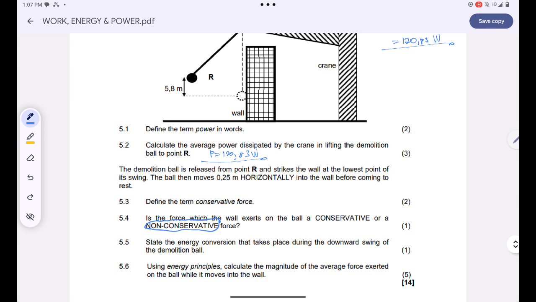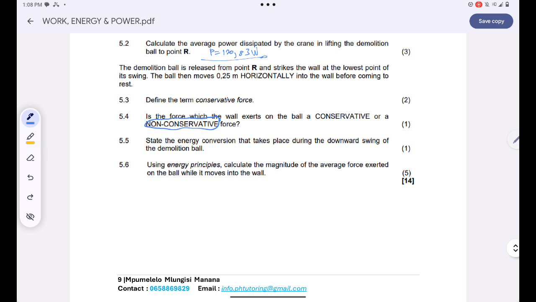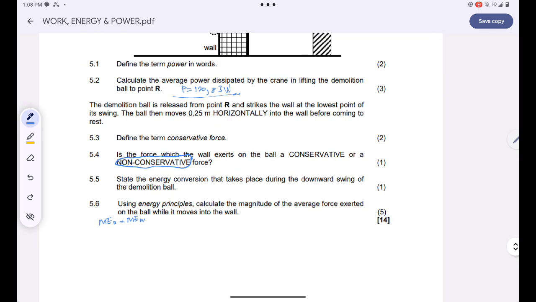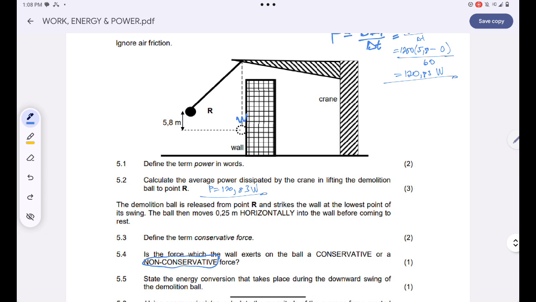If we call this position W, we can simply say that the mechanical energy at R is equal to the mechanical energy at W. There are no non-conservative forces whenever the ball is released. They said we must ignore the effects of air friction, and there's no applied force.